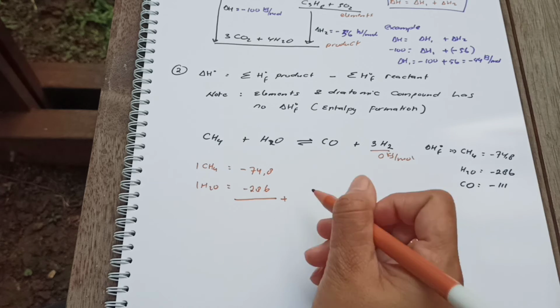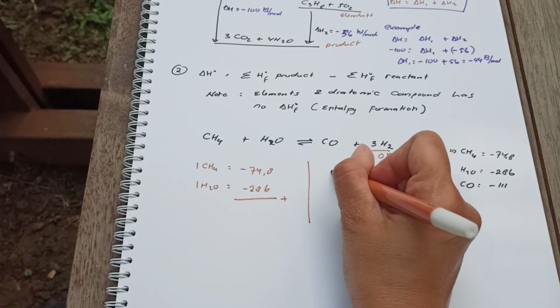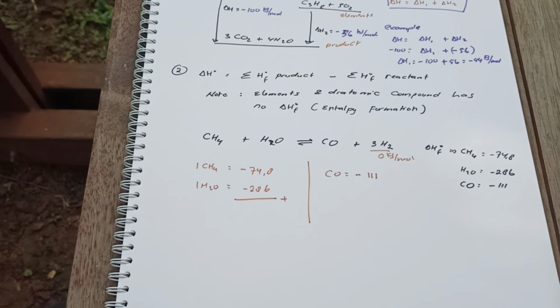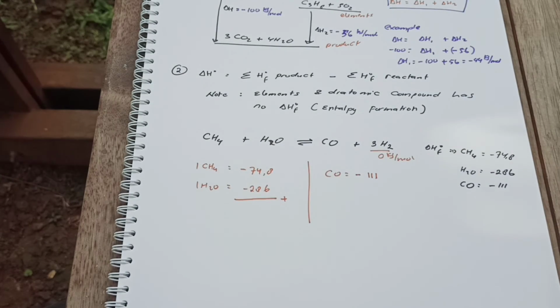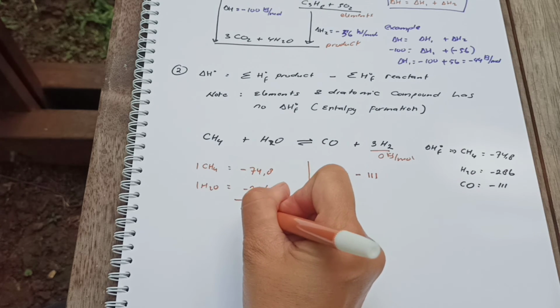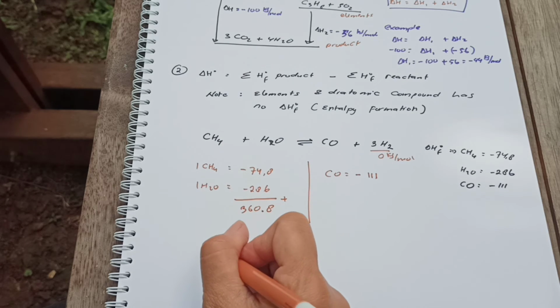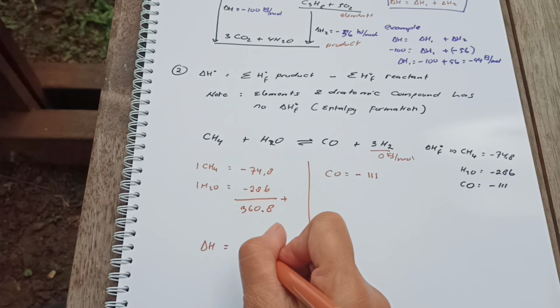You add them together, and in this part we have carbon monoxide, which is minus 111. So minus 74.8 plus minus 286 will be minus 360.8.